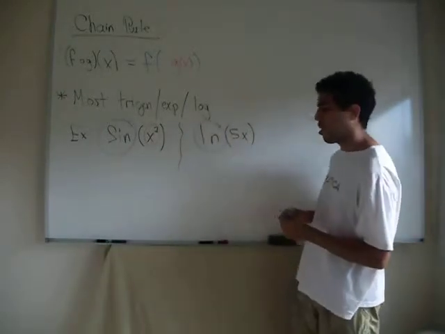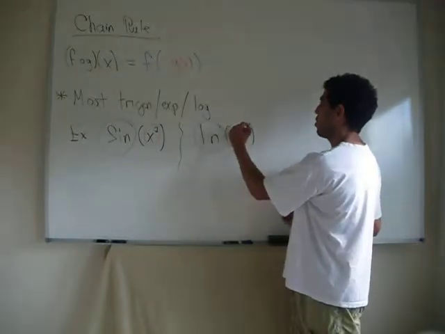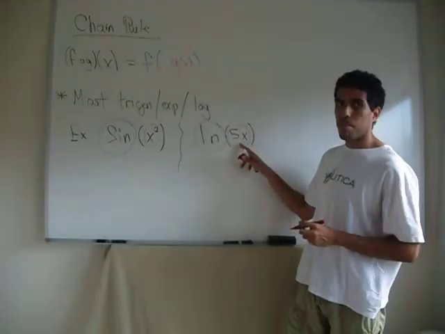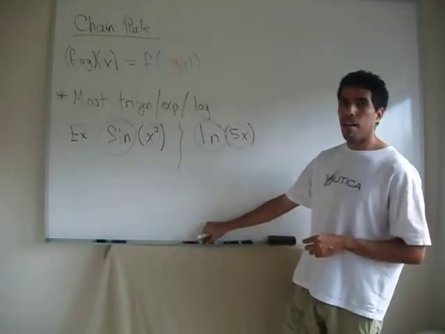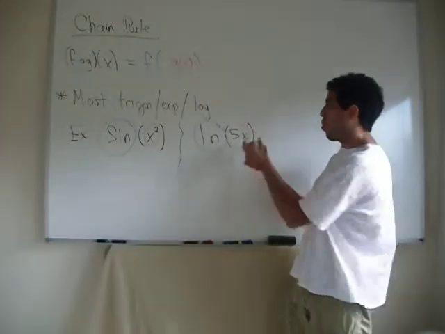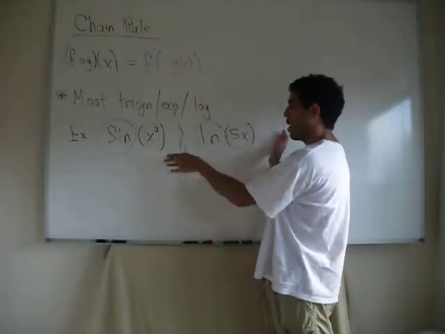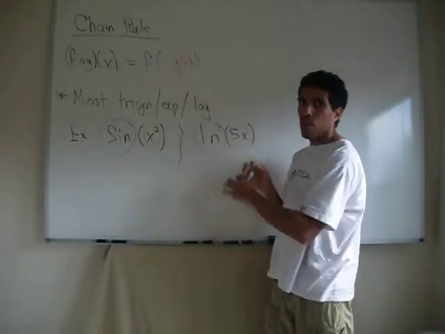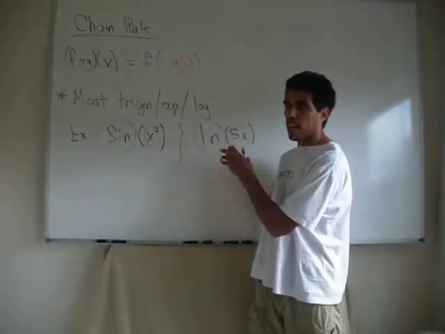The second one is 5x. So if I have a variable x, here's what I'm doing to it. First of all, I'm multiplying it by 5, and then I'm doing the logarithm of it. See? It's one little argument evaluated, and then there's a major argument.